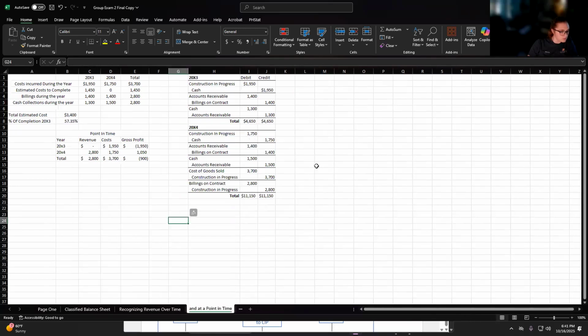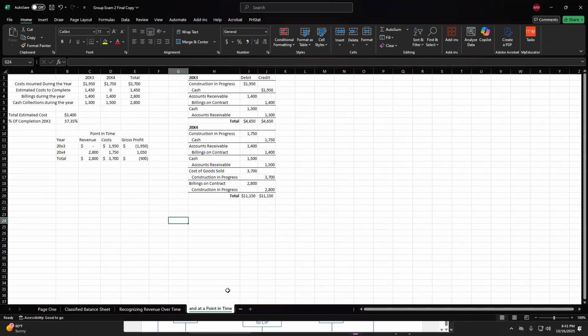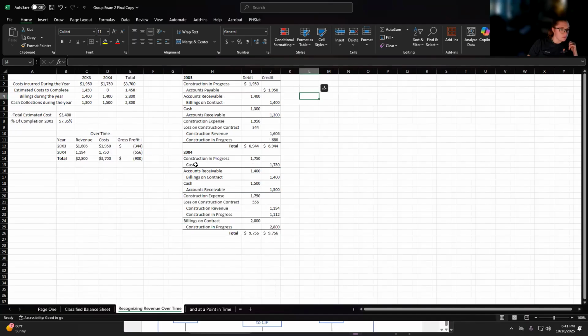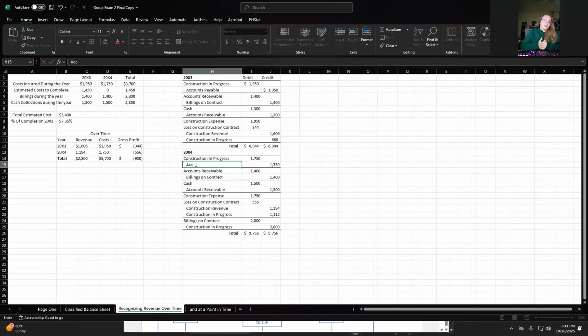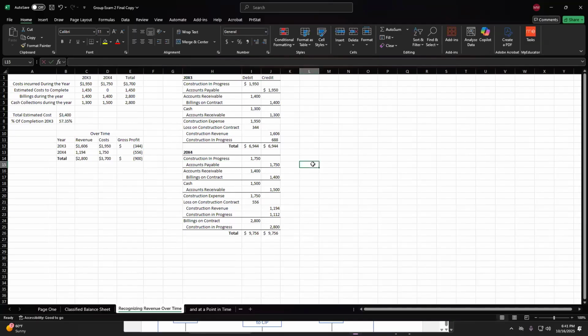Move on to that point in time. Oh, should we change the 2024 cash to AP? Oh, yes. Thank you. You're gonna have to do that on the next one too. All right. Yeah. Okay, I think that looks good now.